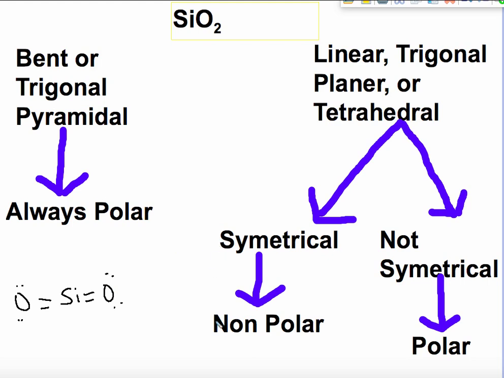And if they are, then it's going to be symmetrical and it's going to be nonpolar. So this one is an example of a linear one that's nonpolar. You see the dipoles, this oxygen is going to pull that way on the electrons, and this oxygen is going to pull that way, but the forces will be equal and opposite, so they're going to cancel out. So that's why it's nonpolar.